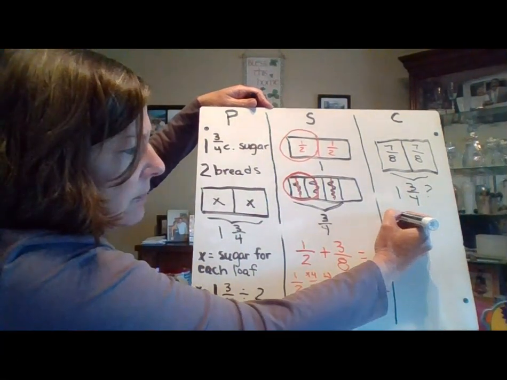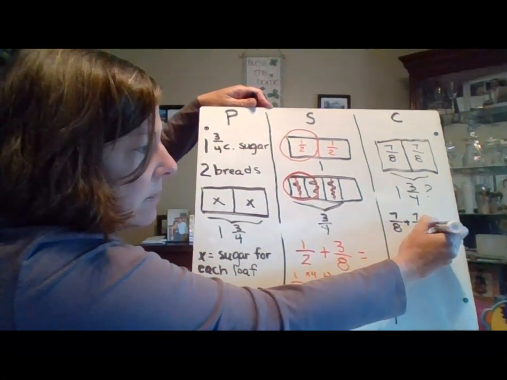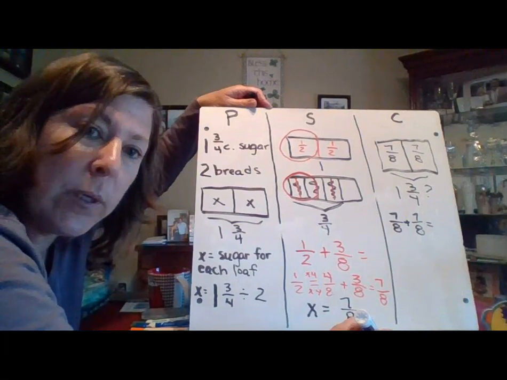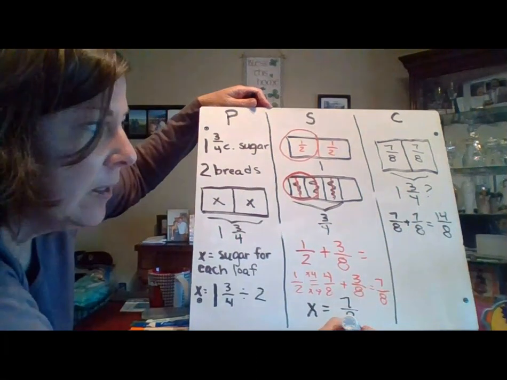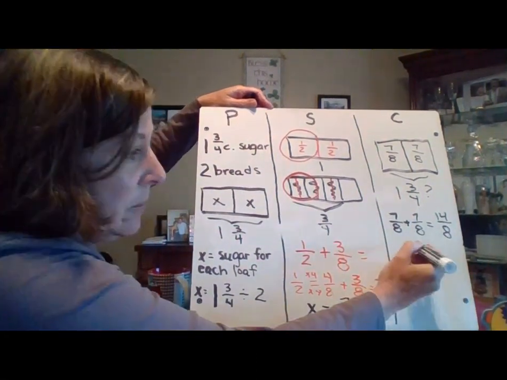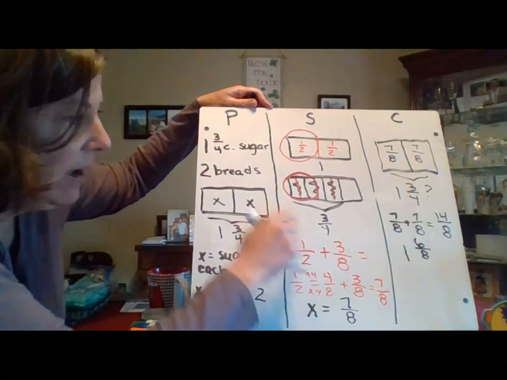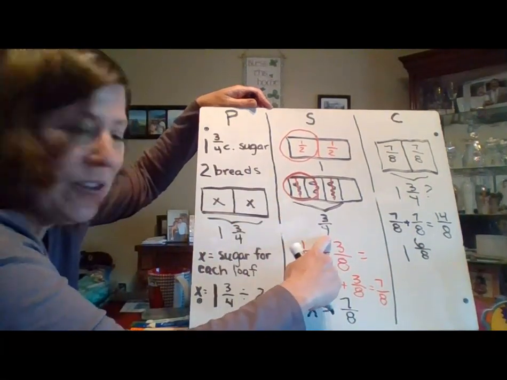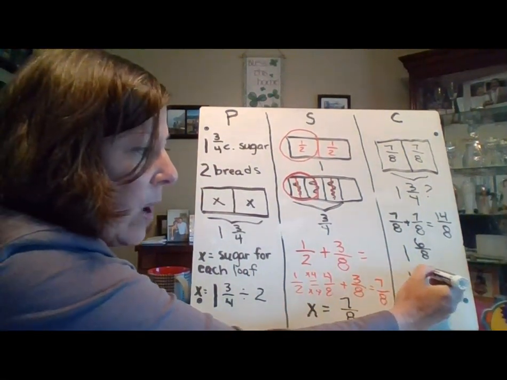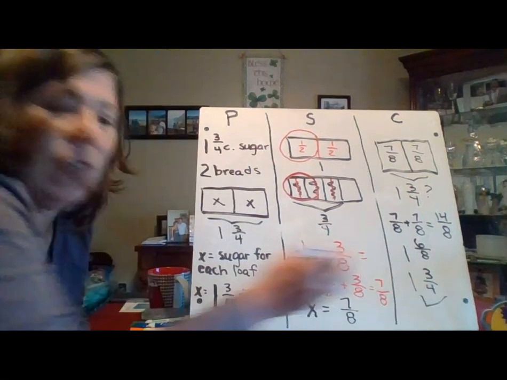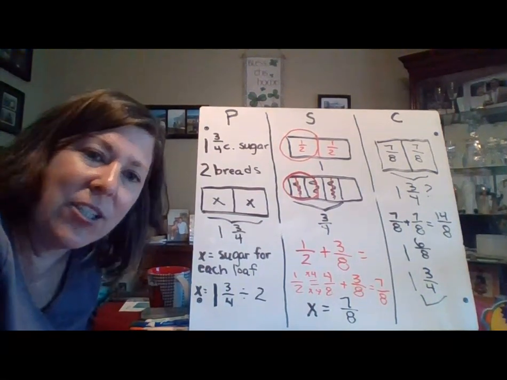Well, let's see. 7/8 plus 7/8 equals 14/8. 14/8 is equal to 1 6/8. And look over here. We had changed that 3/4 to the 6/8. So I'm right back at 1 6/8 or 1 3/4. So I know that there's going to be 7/8 cup of sugar in each of those breads.